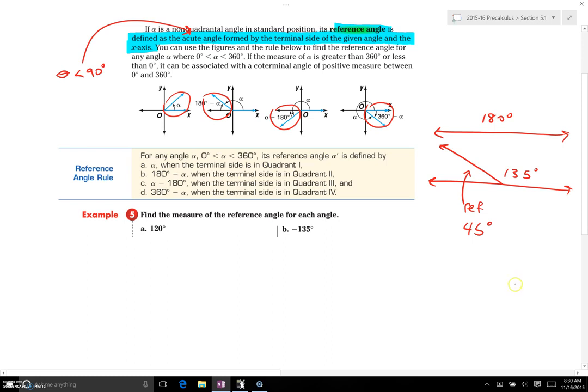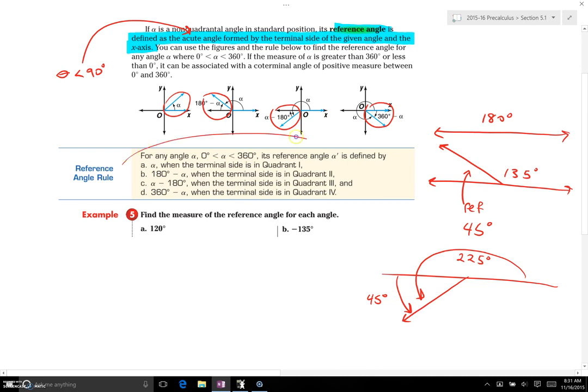If I have an angle that's below down here, so maybe I have something like this, and maybe that angle ends up being 225 degrees. Then all we need to do is say, well, the line is 180 degrees, so how much more than 180 degrees is this? And that would be, again, 45 degrees.